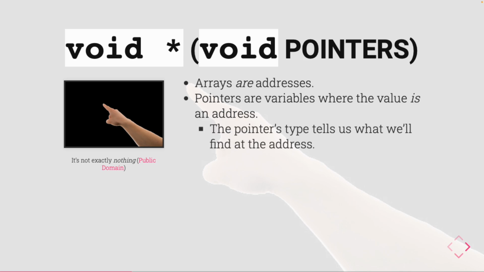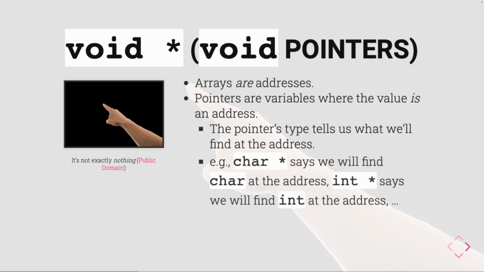And pointers like that had a type. An int pointer knows that whatever memory it's pointing to contains an int. Same with char pointers and even pointers to structs and whatever else you might point to.